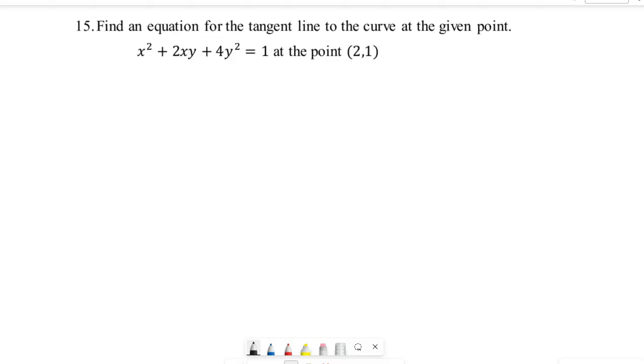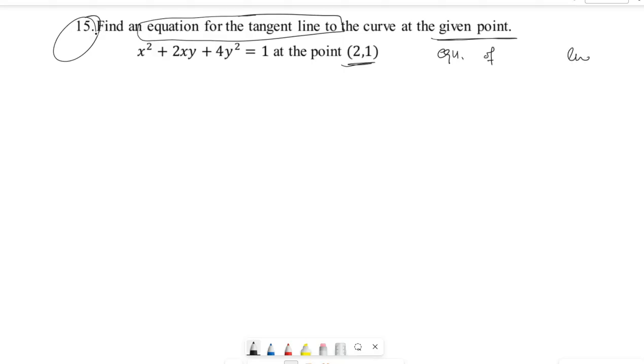Here is question number 15. It says, find the equation of the tangent line to the curve at the given point. The point is given. Whenever you need to find the equation of a line, any line for that matter, it's y minus y1 equal to m times x minus x1.